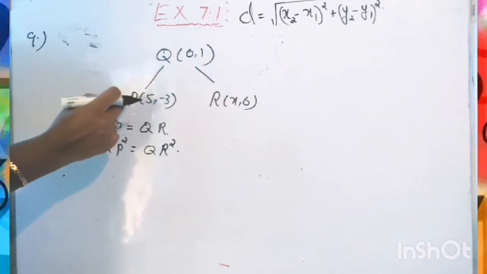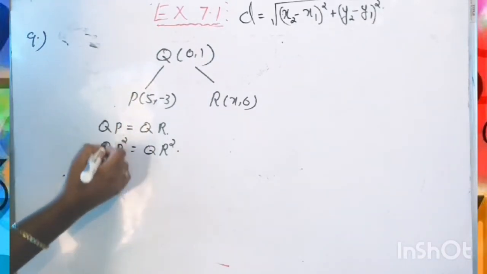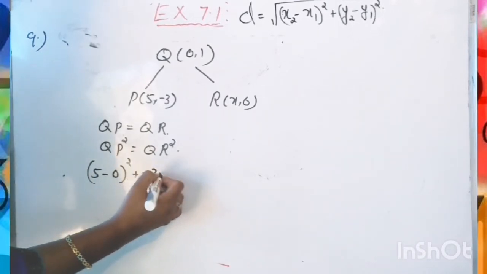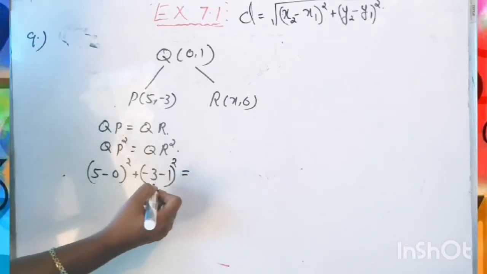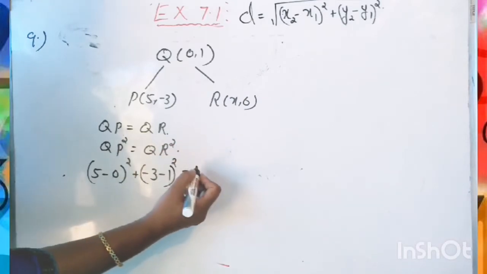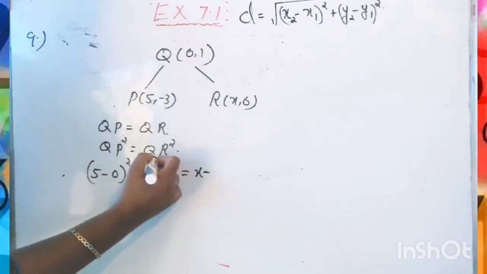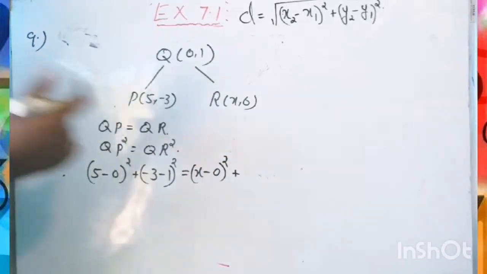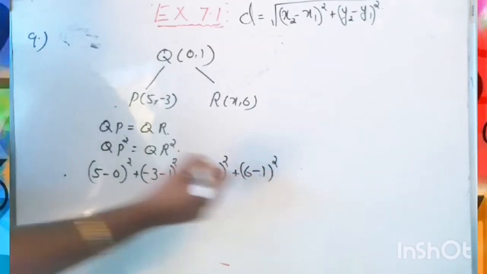Now, (x coordinate of P minus x coordinate of Q) all square plus (y coordinate of P minus y coordinate of Q) all square is equal to (x coordinate of R minus x coordinate of Q) all square plus (y coordinate of R minus y coordinate of Q) all square.